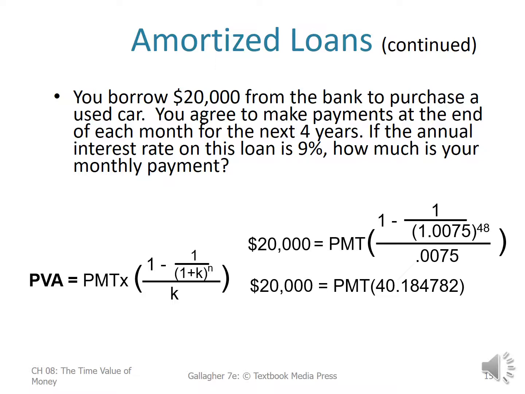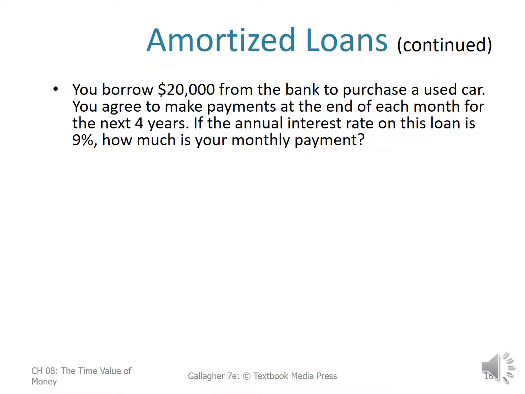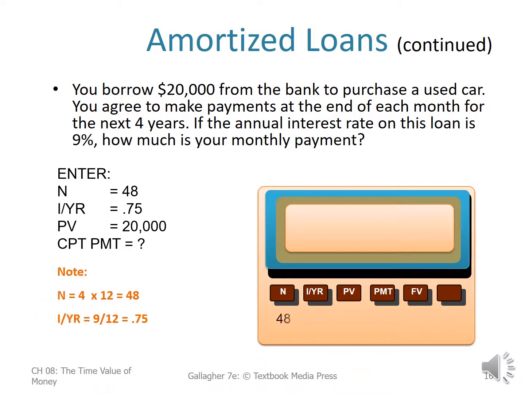You agree to make a payment at the end of each month for the next 4 years. If the annual interest rate on this loan is 10%, how much is your monthly payment? Use your financial calculator, and you can get the result.